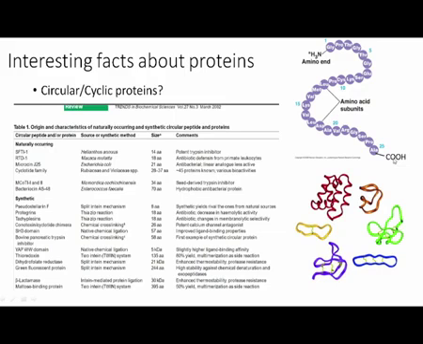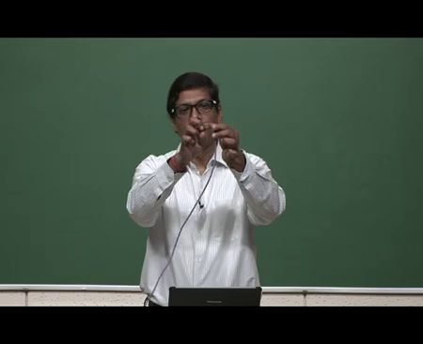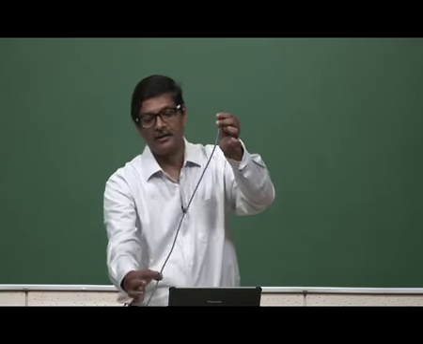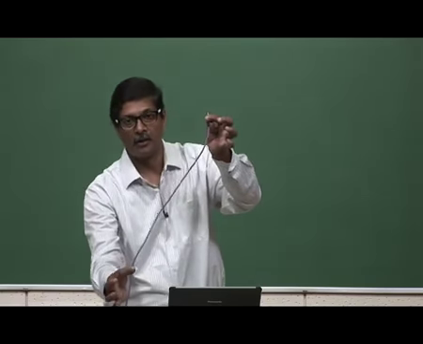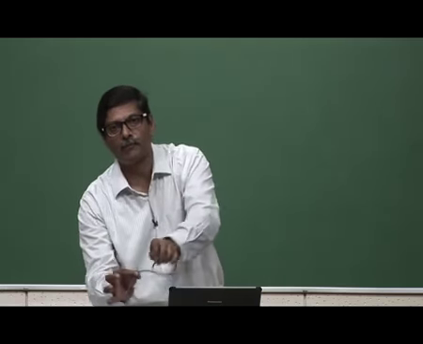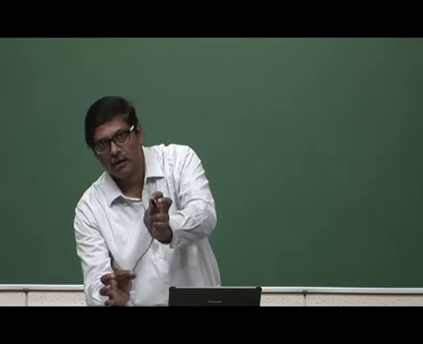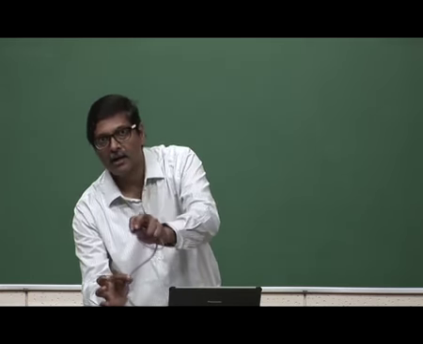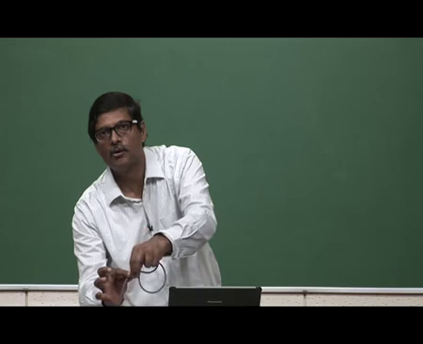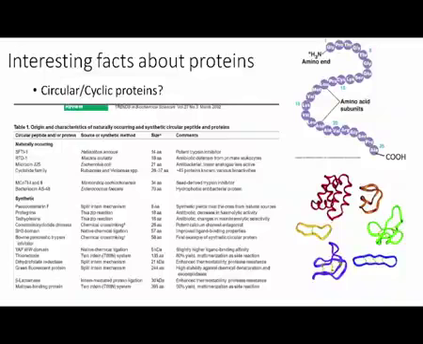Now, imagine a situation when here is the NH3 group, and here is the COO group of the last amino acid. Now, in the process of jumbling up or folding, it is quite possible that the NH3 group of the first amino acid comes in close proximity with the COOH group of the last amino acid in a process something like this.